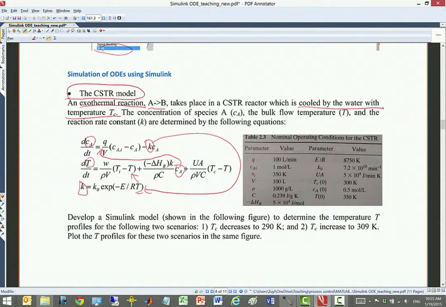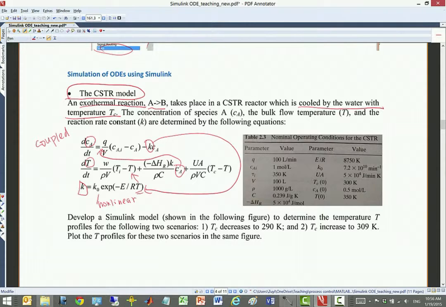So you can see this model is highly coupled, and K is also determined by this nonlinear equation. Well, MATLAB can solve any complicated nonlinear coupled equations. Now this is just one example.